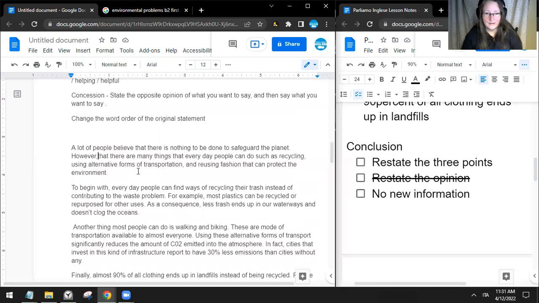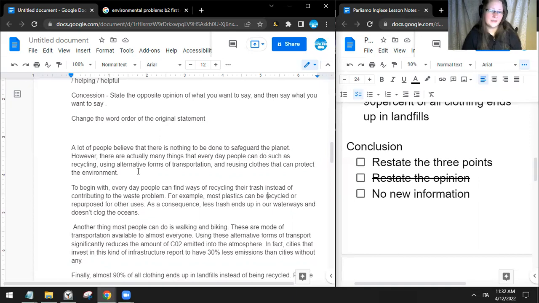However, there are actually many things that everyday people can do, such as recycling, using alternative forms of transportation, and reusing clothes that can protect the environment.